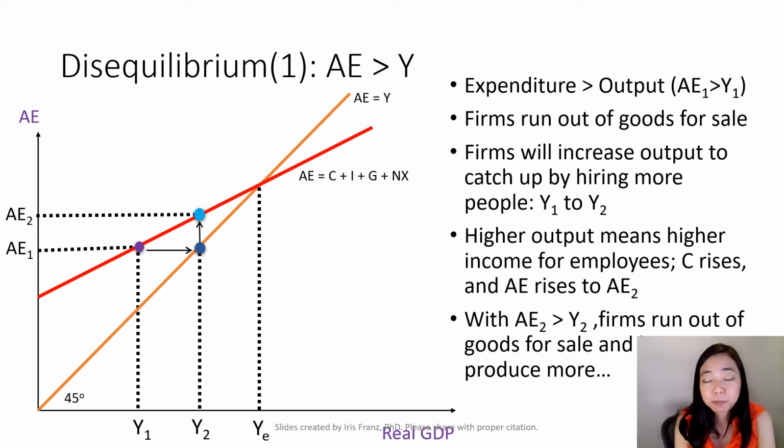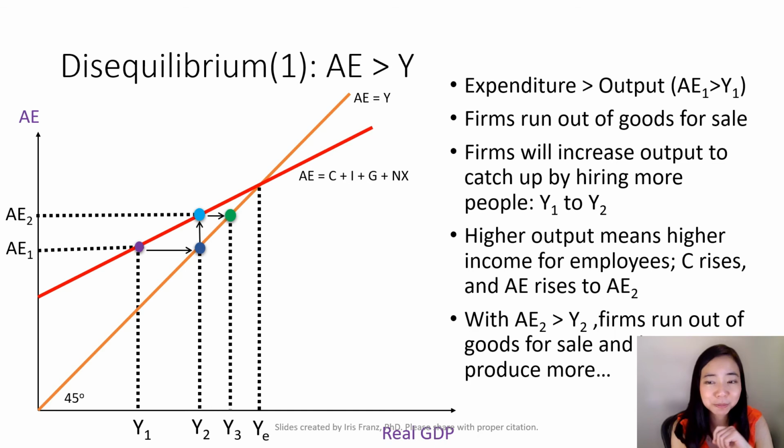But at this baby blue point, we are again in a disequilibrium, because AE2 is still higher than Y2, so firms are running out of inventories. So the firms will again try to produce more, and therefore, our output is going to go up from Y2 to Y3.